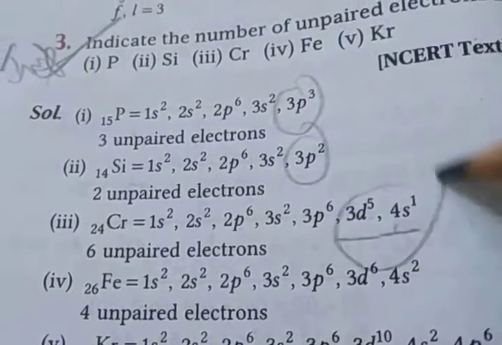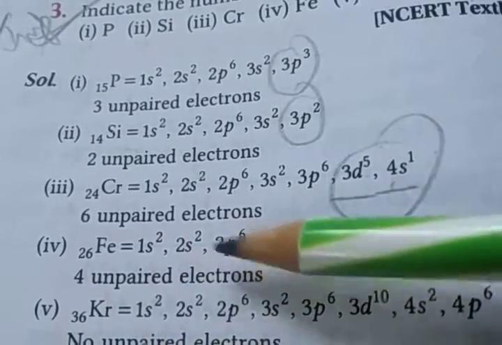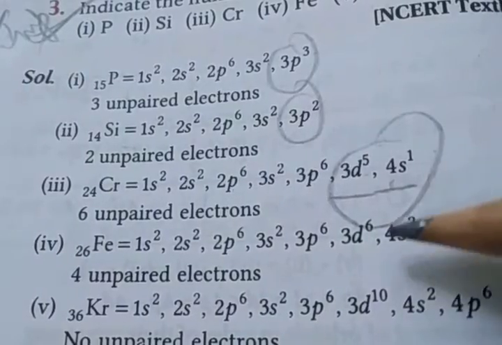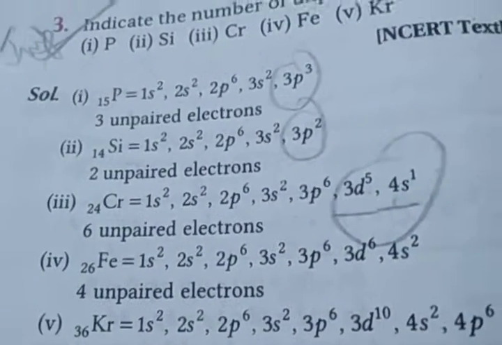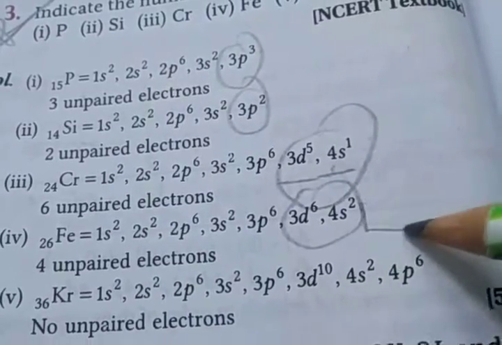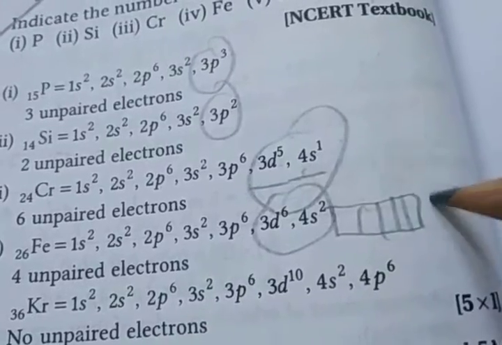Okay, iron, Fe, atomic number 26: 1s2, 2s2, 2p6, 3s2, 3p6, 3d6, 4s2. In the outer shell, here you see 3d6, 4s2. So we have to write 3d6, 4s2. This is the d orbital and then s.